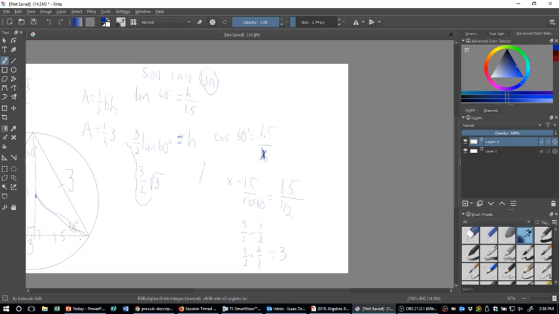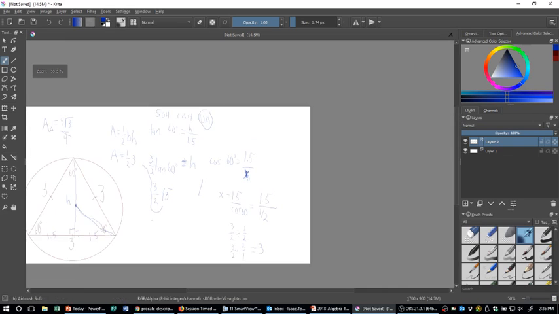And then so from area of a triangle formula, I can do pi r squared, and r is 3, so that would make this 9.